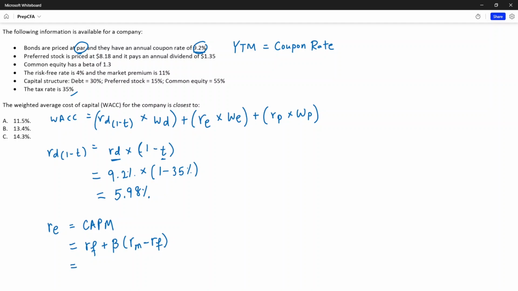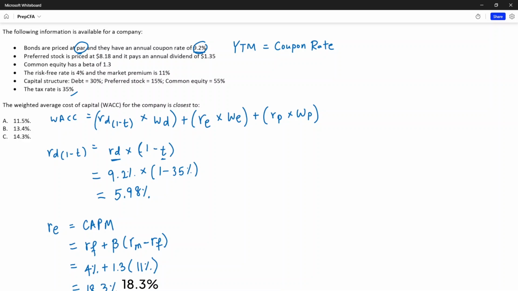Here we're given the risk-free rate, which is 4%. We know that the beta is 1.3, and we know that the market risk premium is 11%. So now we get the cost of equity to be 18.3%.